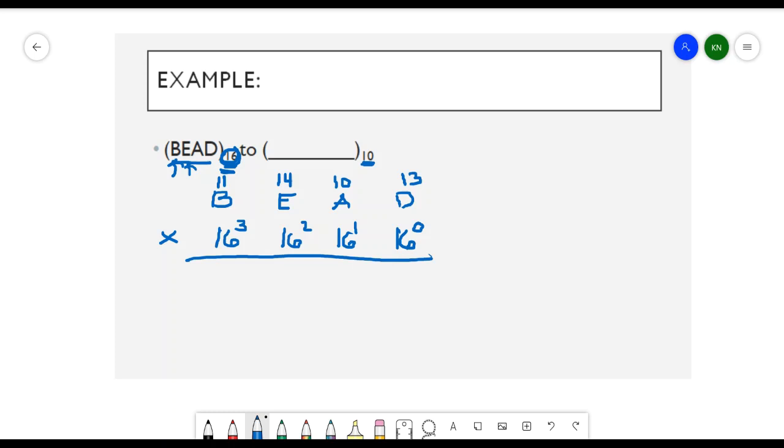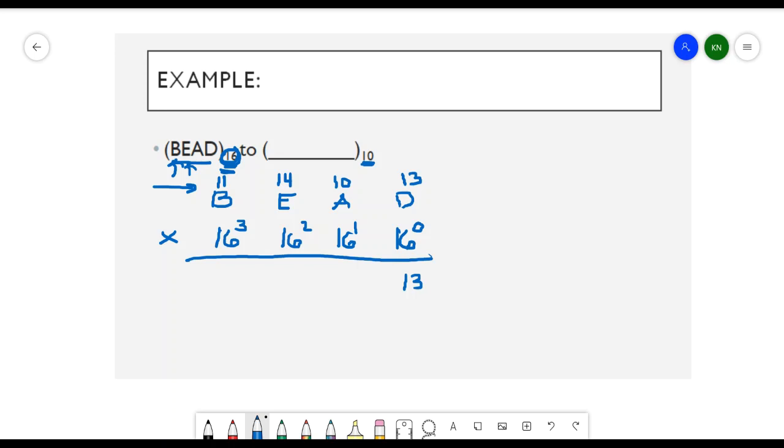We need to get its equivalent value because this is what we need in multiplying later on. So 16 raised to 0, that is 1, multiplied by 13, so that is 13.